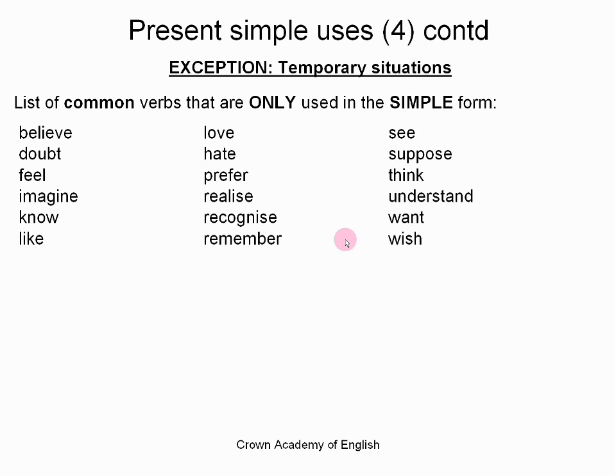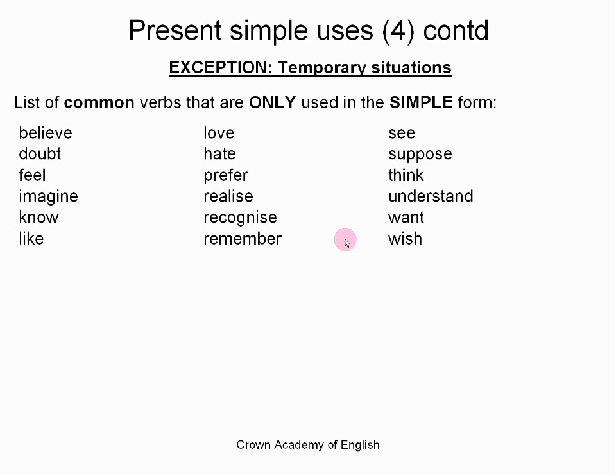But these are the most important ones to remember. Okay. So if you look at them, you can notice that most of them are expressing some kind of emotion or some kind of mental state. Okay? And that is why they can only take the present simple.